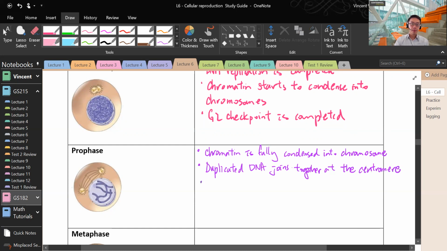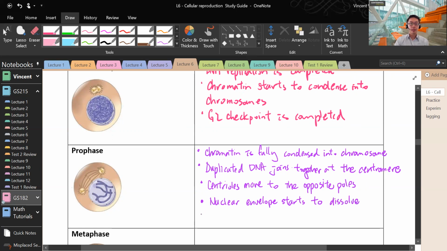The centrioles, which are these things right here, move to the opposite poles of the cell. The nuclear envelope starts to dissolve.